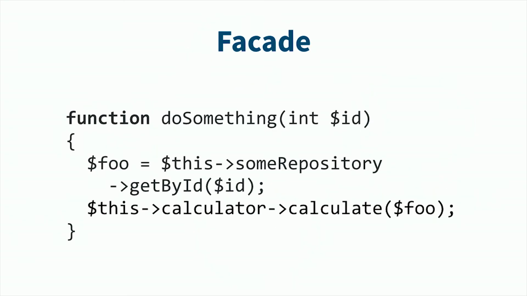So this is how the facade looks. The calculator represents our business logic service, and we are delegating the calculation to it. And the calculator, because it just has data on the input and passes something back as the output, is very easily unit testable, and you don't need to mock anything with it.